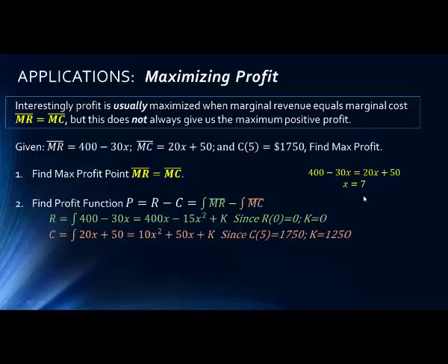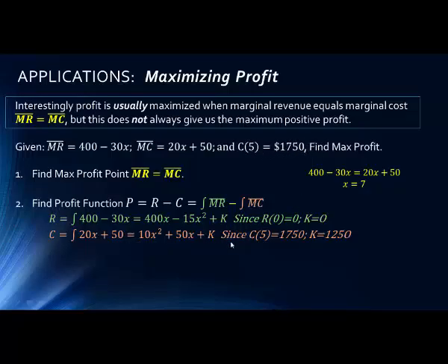If we want to find the cost function, we take the integral of the marginal cost. Again, another simple integral to solve, and we get 10x squared for the first piece plus 50x plus k. Here, however, we weren't given the fixed cost as in the last problem. We were given an interval value. It says that when we make 5 items, it costs us this, $1750.